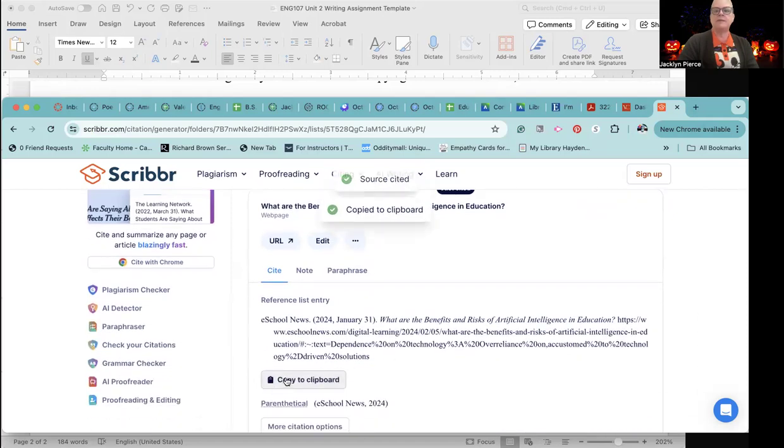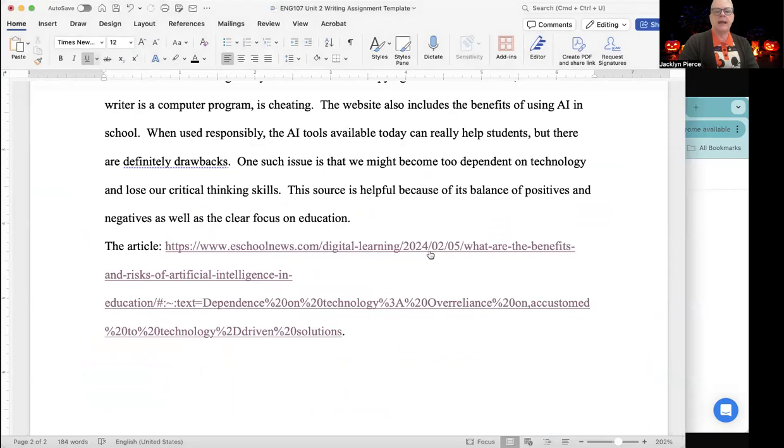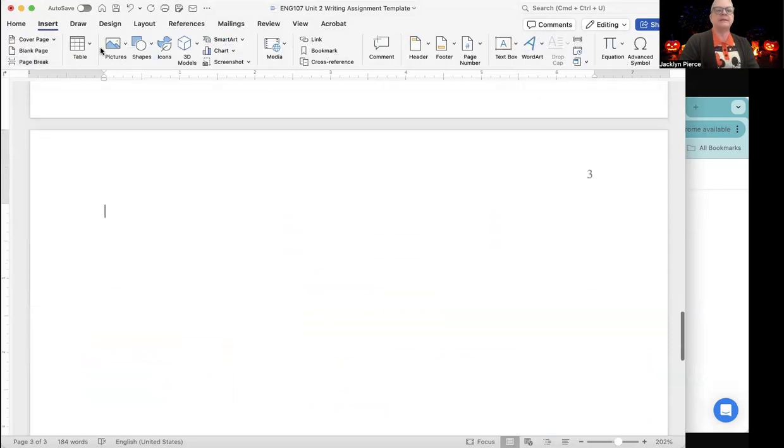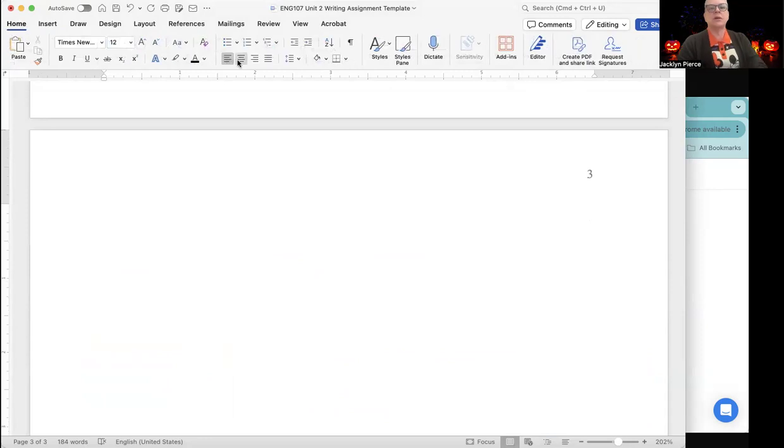So I can copy this to the clipboard, and I'm going to put an actual reference page. So I'm going to insert a page break, and I'm going to center the term References.